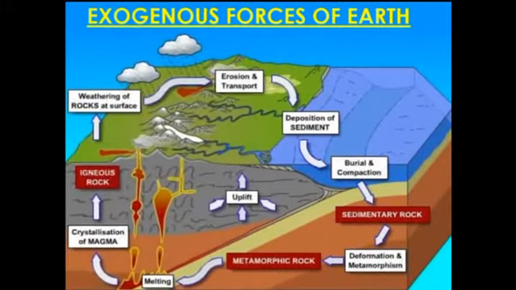Whereas the exogenic forces or processes occur above the surface of the earth. As you can see in the diagram, weathering, erosion, transportation and decomposition of sediments happen above the surface of the earth, means these all take place externally.